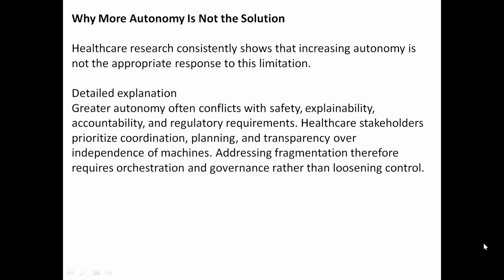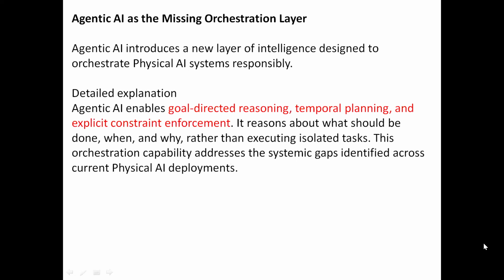Also, Haskell research consistently shows that increasing autonomy is not the appropriate response to this limitation. So agentic AI, rather than being merely autonomous, will be a kind of control and orchestration tied with the physical AI.